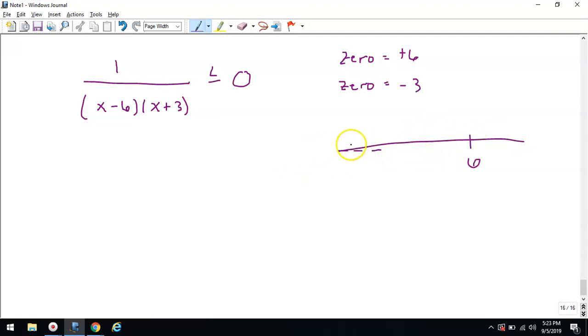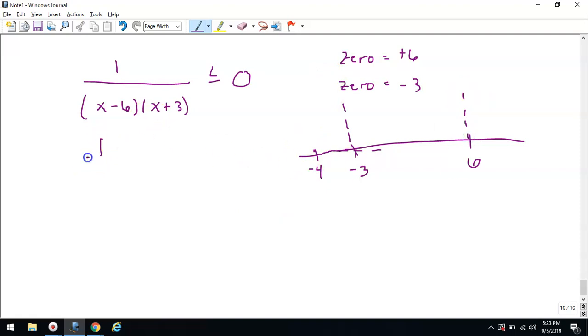+6, -3. All right, and do not forget, it's not going to be either one of these numbers, and we are trying to find this time where it is negative. So let's take something here, -4, and put that in and see what we get.